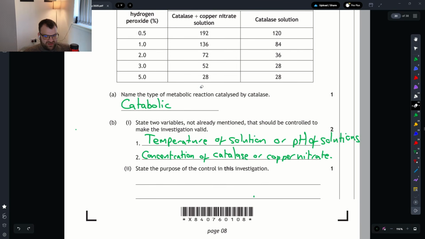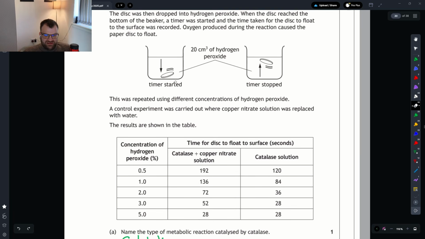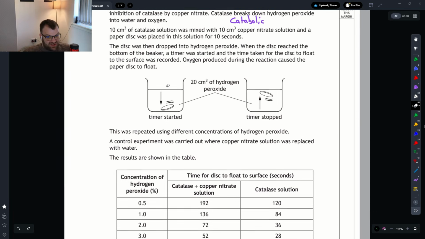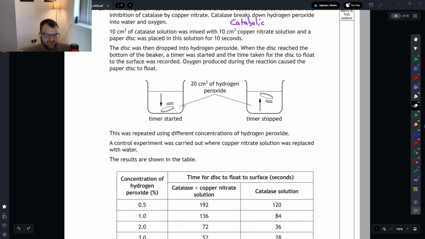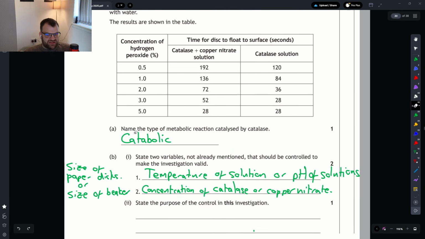So the concentrations of them would have an impact on it. Other things could include the discs. The size of the discs could have an effect on how quickly they would move, or how big the beaker is. If you've got a very tall beaker, it would take longer for it to go down and back up. Would be another thing as well. Could be for those ones. When it comes to controls, they let you see what would happen if you didn't use the inhibitor.